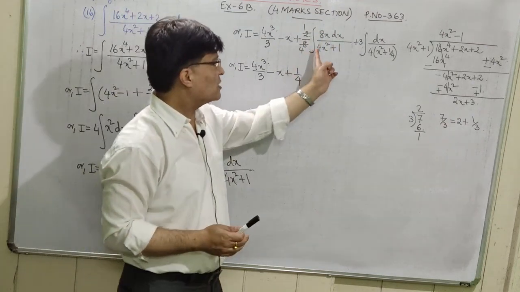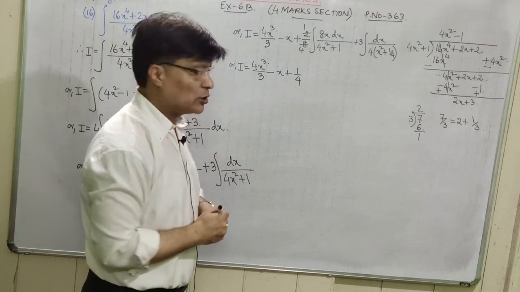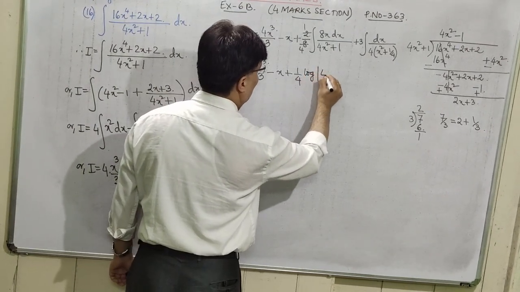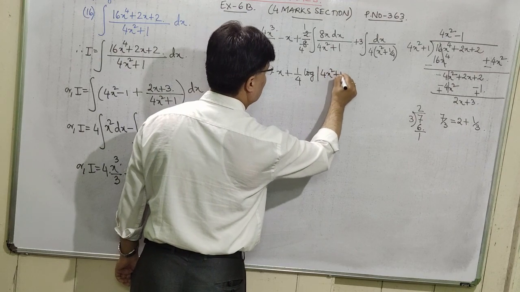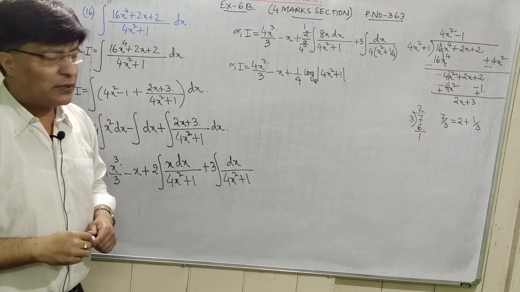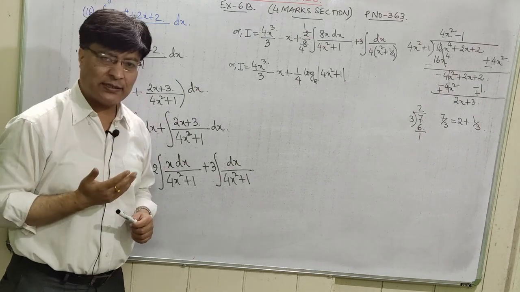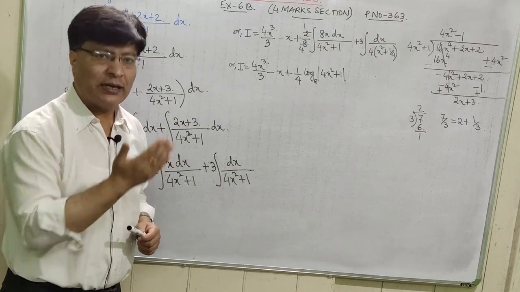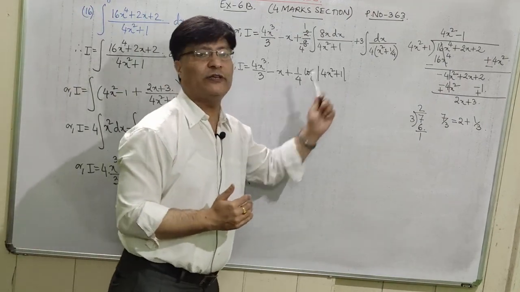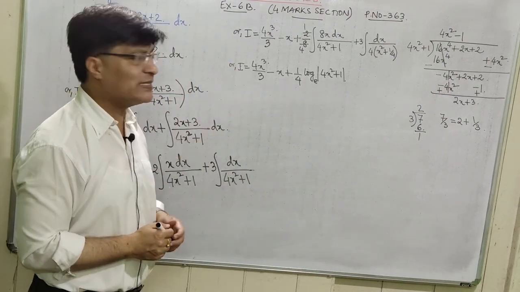That is, differentiation of 4x square plus 1 is 8x. So what is this formula? It is log within mod 4x square plus 1, mod sign is closed and base is e. So if we can get exactly the numerator after differentiating the denominator, we can write log of denominator, and here the base is e.